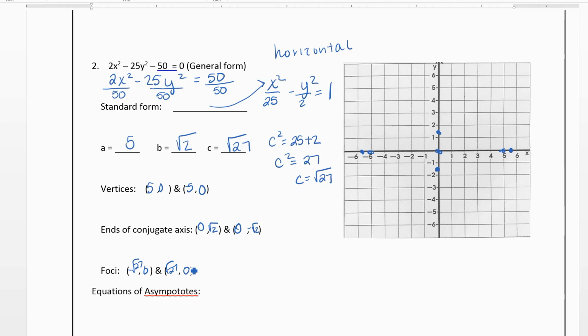Now again here, our h and our k are 0, so the equations of our asymptotes are going to be y equals b over a x and y equals negative b over a times x. So here we get y equals square root of 2 over 5 x and y equals negative square root of 2 over 5 x. So I'm going to draw my guide rectangle.